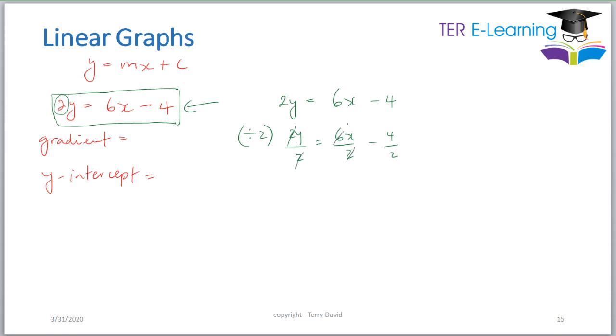This 2 will go into 6 three times, so this becomes y equal to 3x. This 2 goes into 4 two times, minus 2. So therefore, my gradient is now 3, and my y-intercept is minus 2. So that coordinate will be (0, minus 2). Alright, so my gradient is 3 and my y-intercept is (0, minus 2).